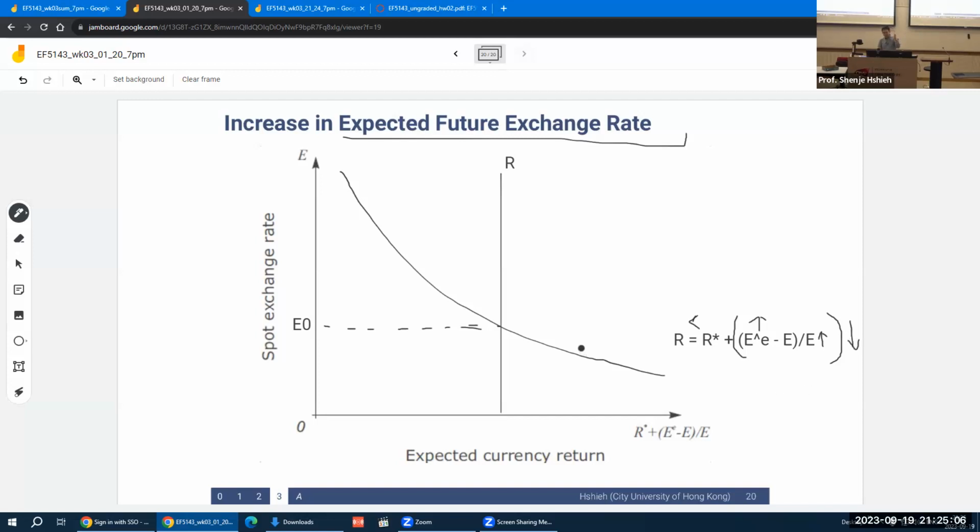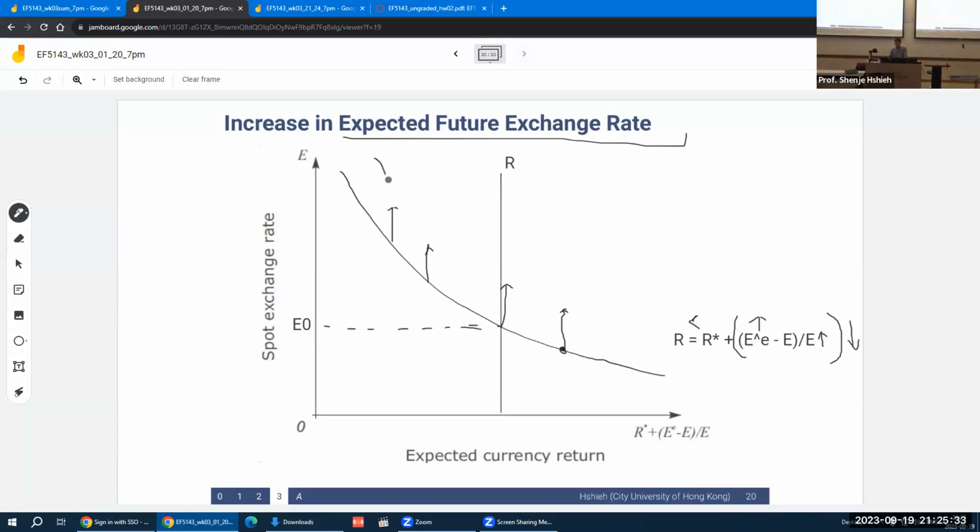So visually, what does that mean? I can choose any R. It doesn't have to be this one, it can be this one. If I choose this R and somehow there's a higher E hat E, then we must have an increase in E to offset that change in expectations. So no matter what R I choose, E must increase when E hat E increases.